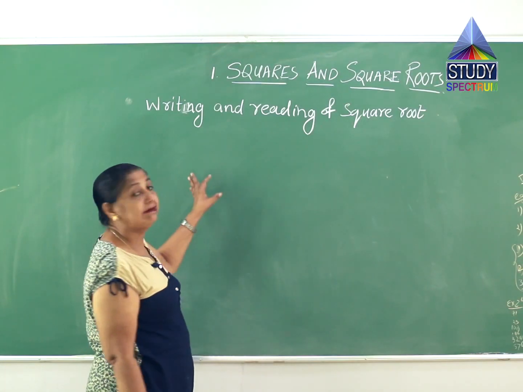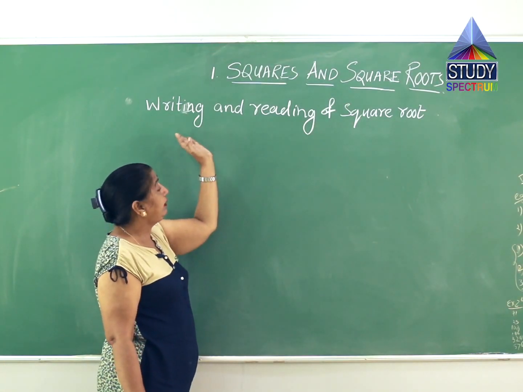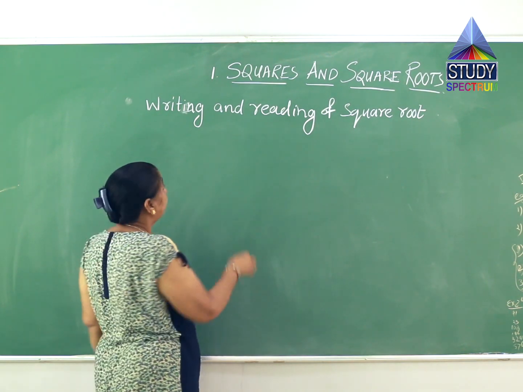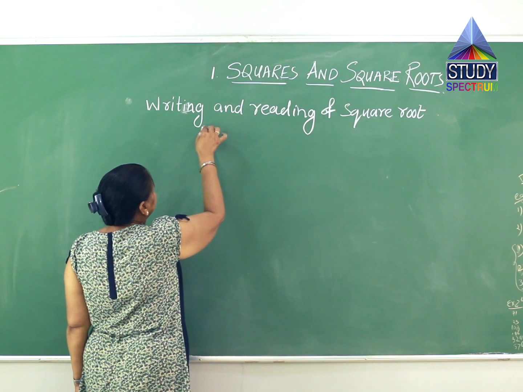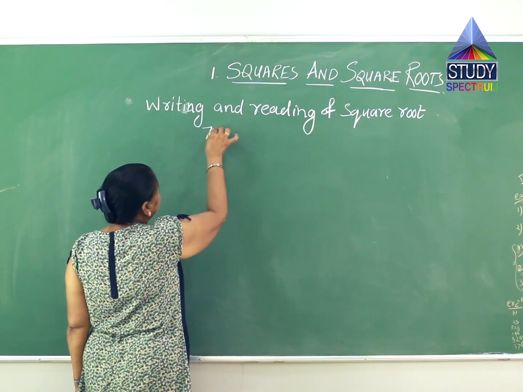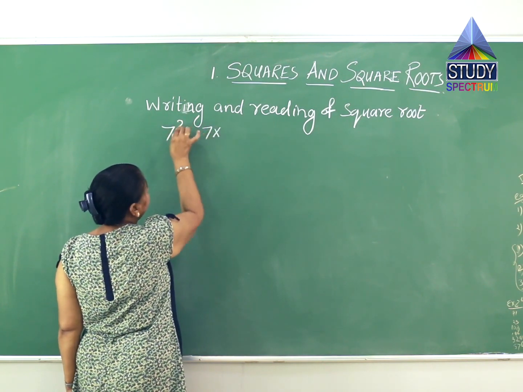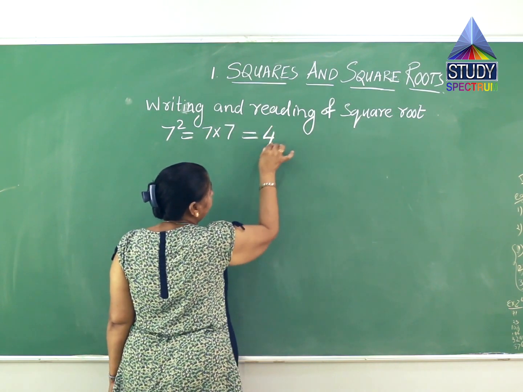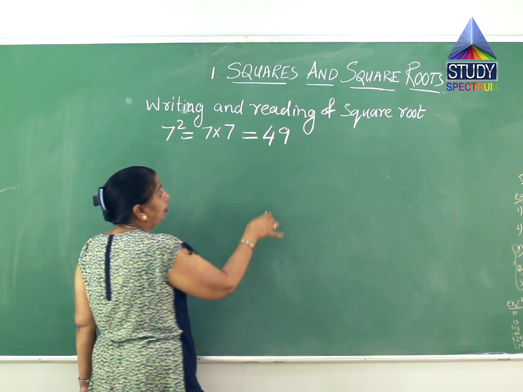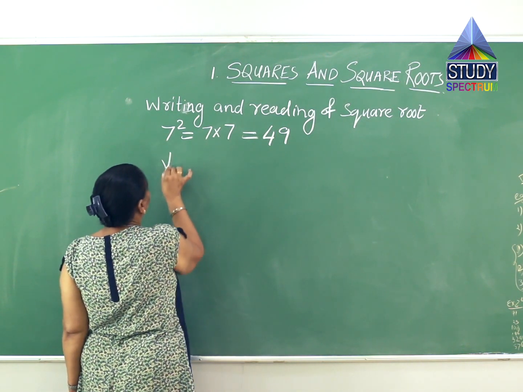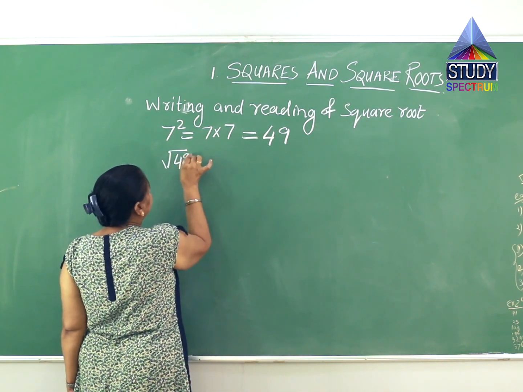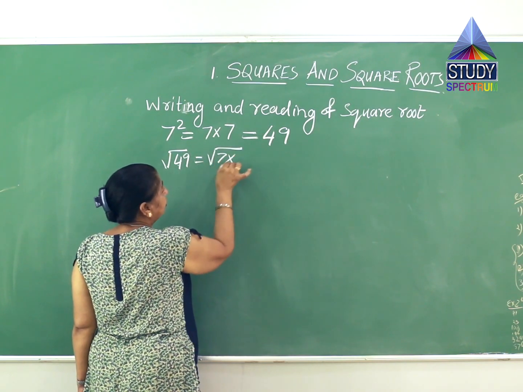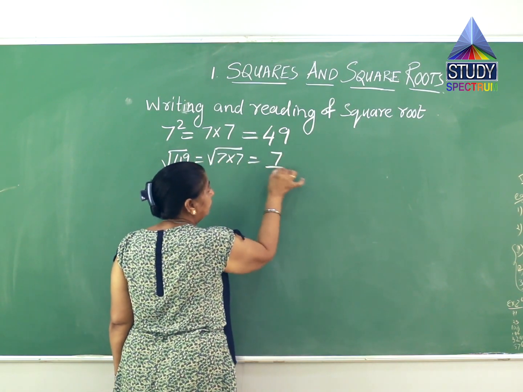Okay children, now let's see how to write and read the square root. Let me explain with the same example, the square root of 49. The square of 7 is 7 into 7, that will give me 49. And the root of 49, I'll find the factors, 7 into 7, that is 7.